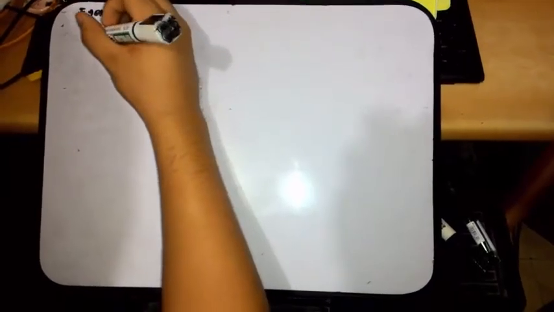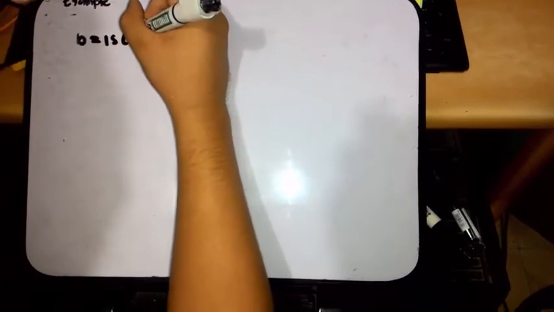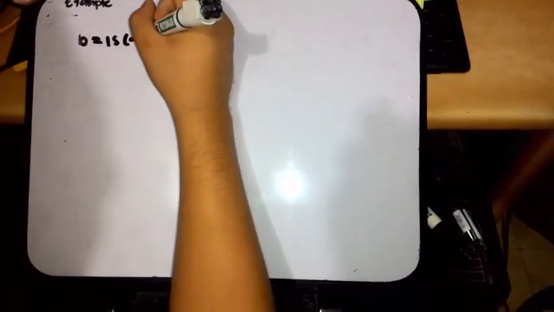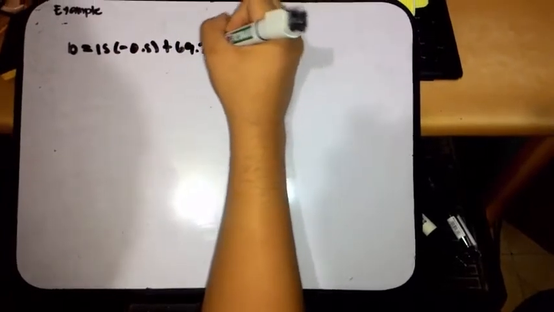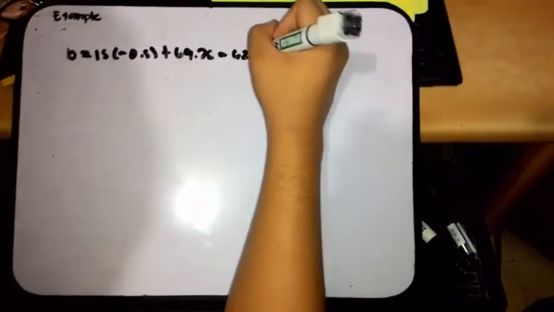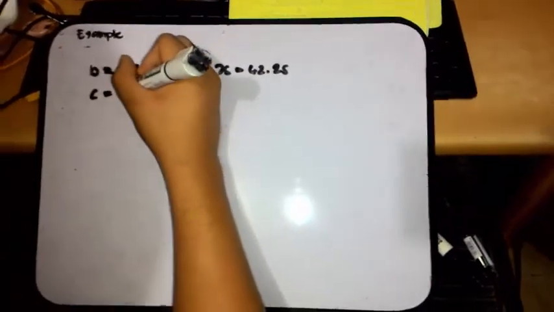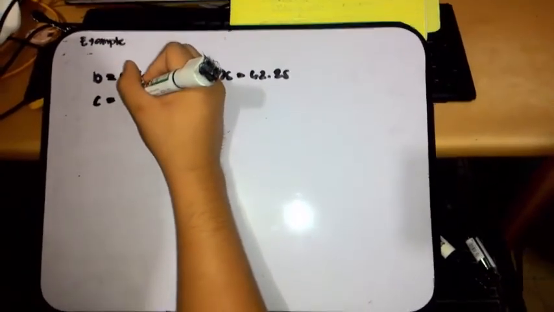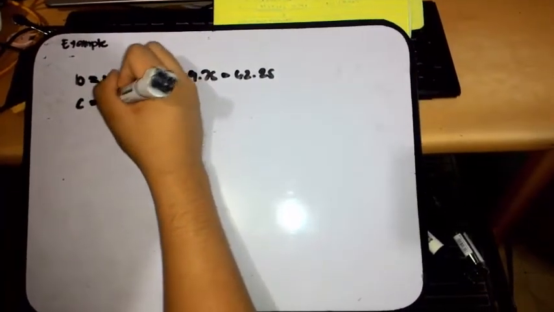Now we will get our b, which is 15 times negative 0.5 plus 69.75, equal to 62.25. And our c is just equal to our function of x sub 2, which is 48.